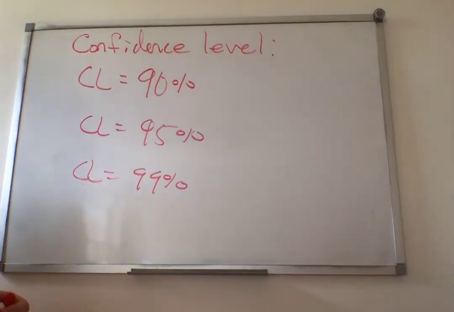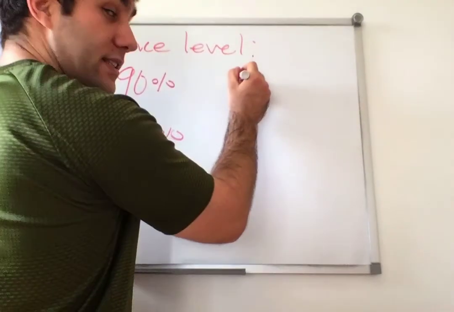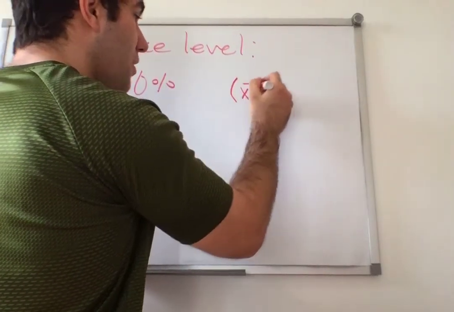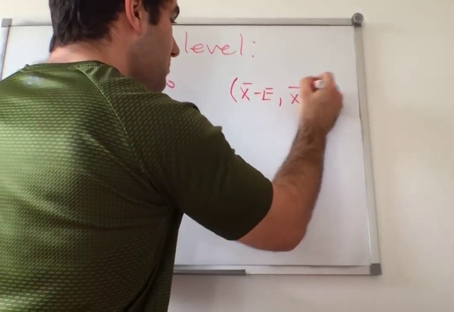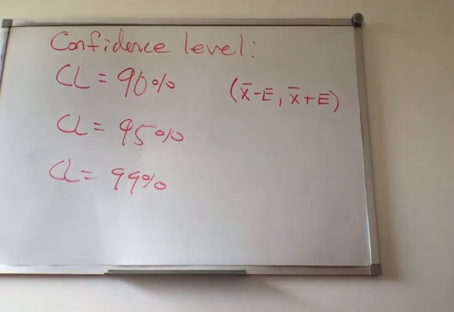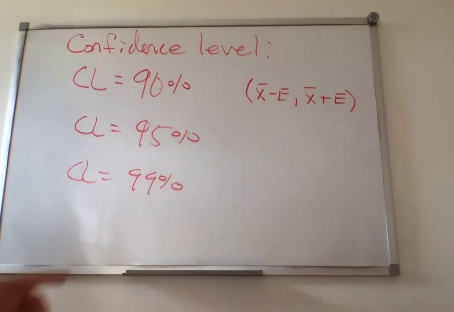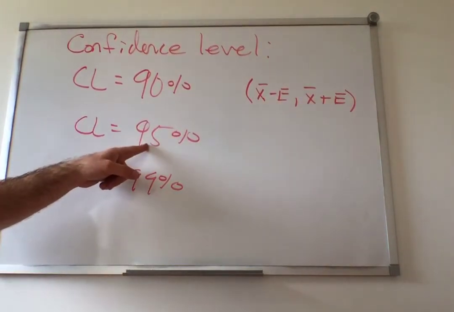Now, what this confidence level is, it's our certainty in our results, okay? When we find a confidence interval that is x bar minus your error, comma, x bar plus your error, and it has some specified level of confidence, say we are doing a 95% confidence level here, okay?